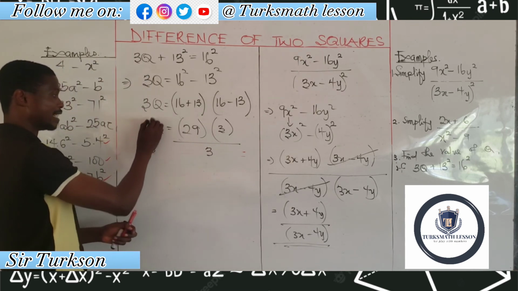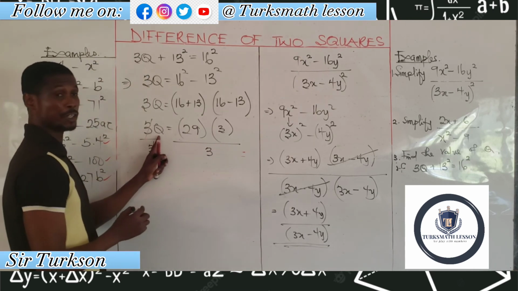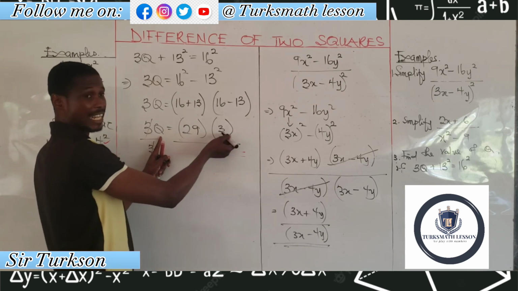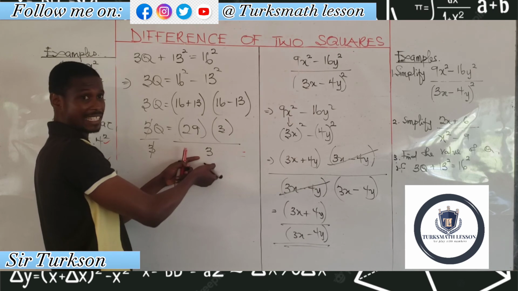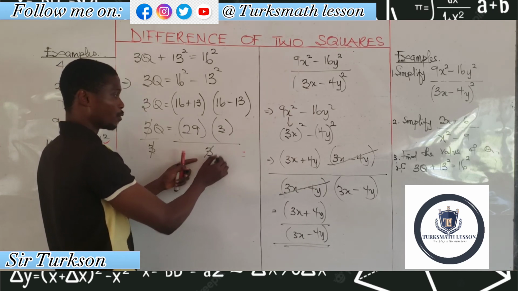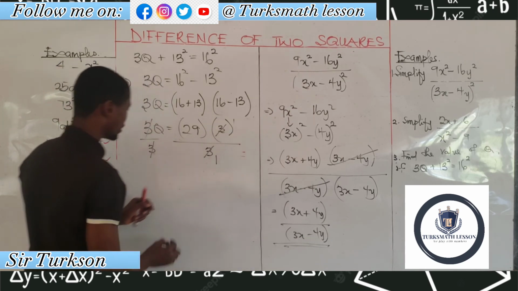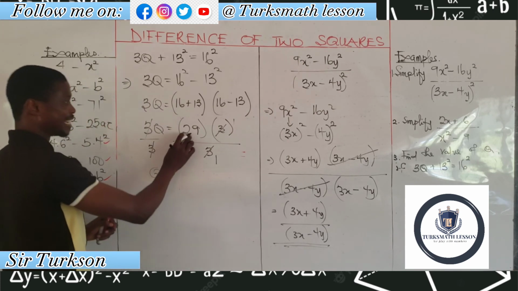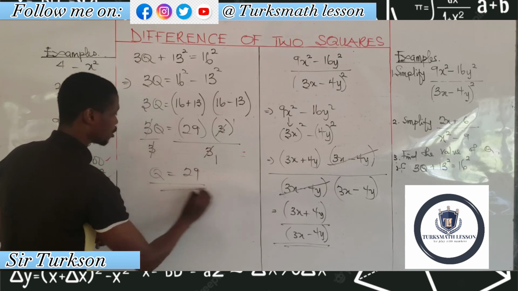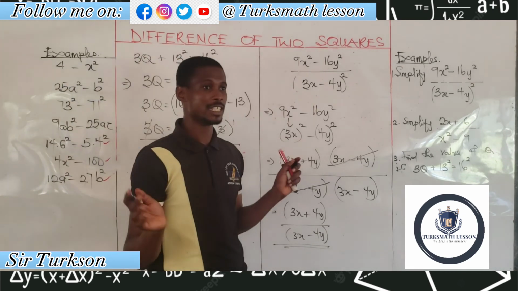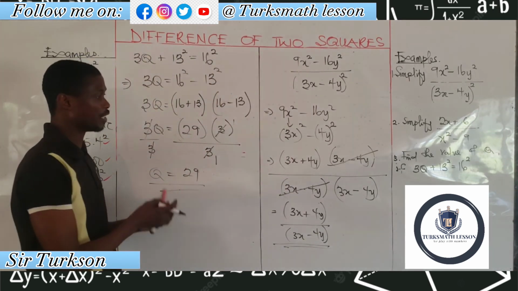So this will kill this, right? So we are left with Q here. Now, do you have 3 here? Yes. Do you have 3 here? Yes. And so you can simplify, isn't it? So this will cancel to 1 and this will cancel to 1. So our Q here is equal to 29 times 1, which gives us 29. That's all. So this is how to find the value of our Q.